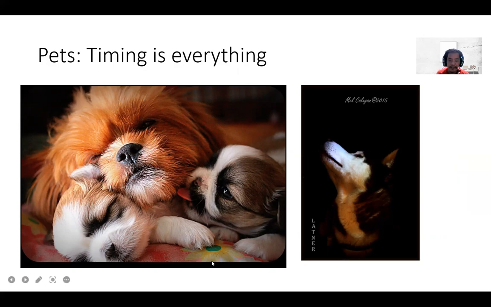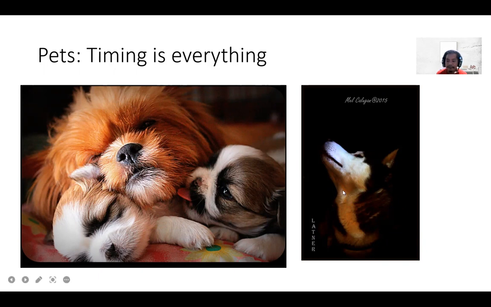Next, working with pets. Working with pets is another challenging task because hindi ikaw talaga yung mag-a-adjust. And timing is everything. So you have to, well, some pets are camera shy and some pets are not.